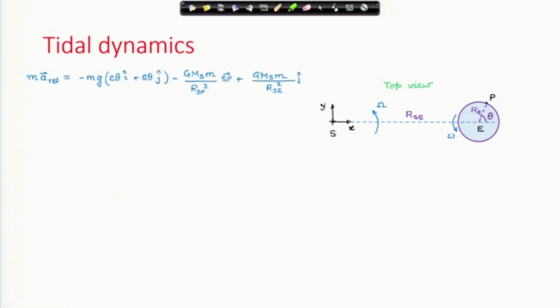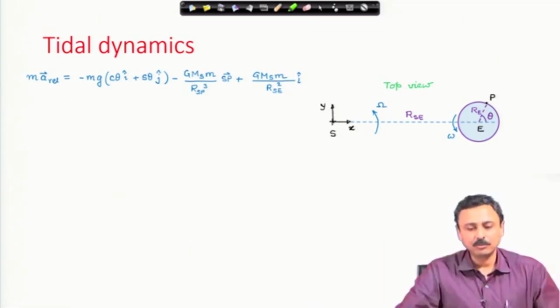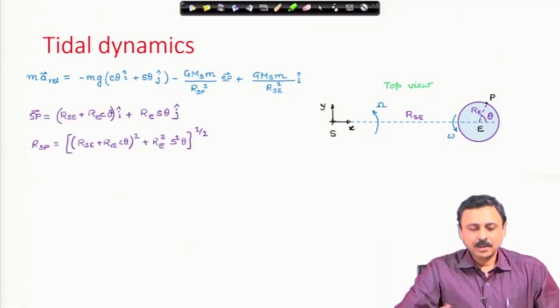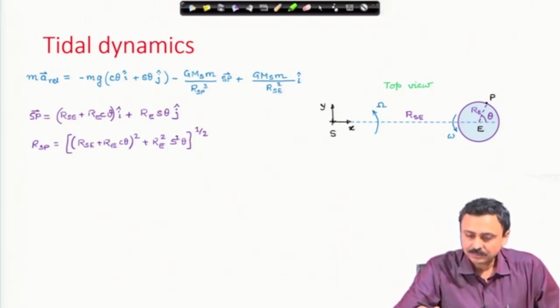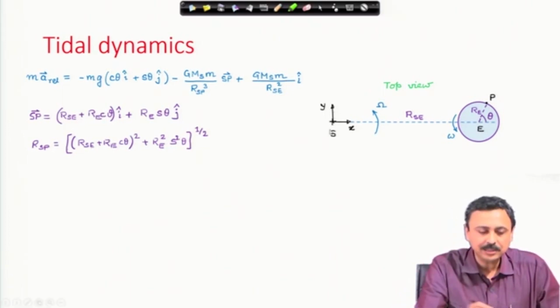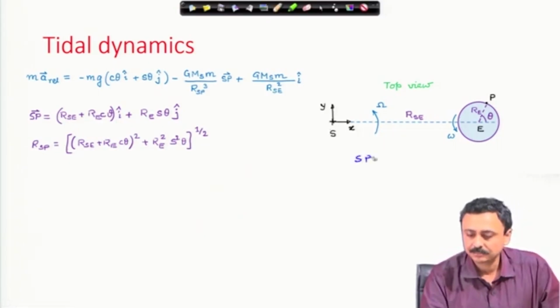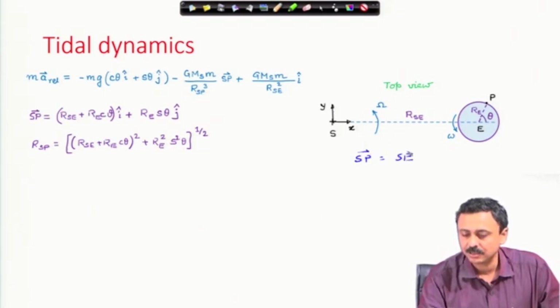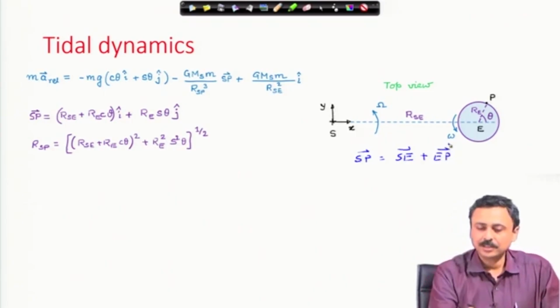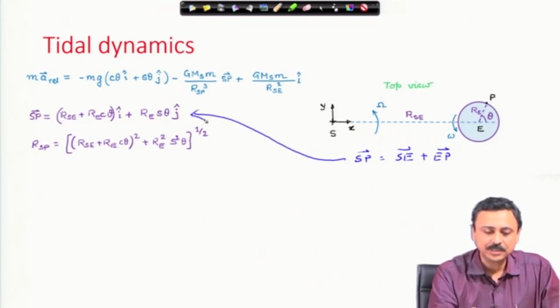Here I have done that and rewritten that equation of motion. Now, SP, the sun particle vector, is nothing but sun earth vector plus earth particle vector, and that is what I have used to represent this.